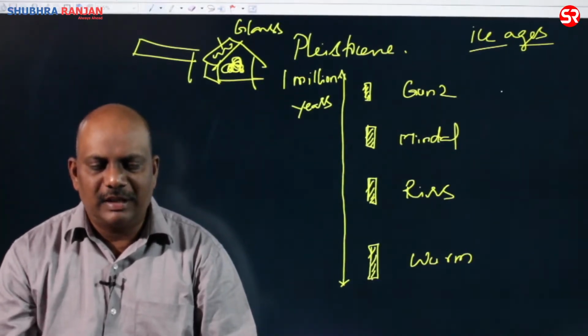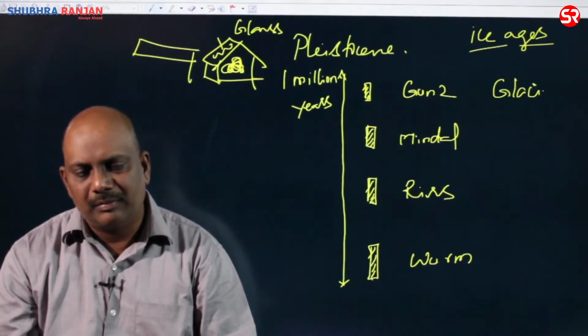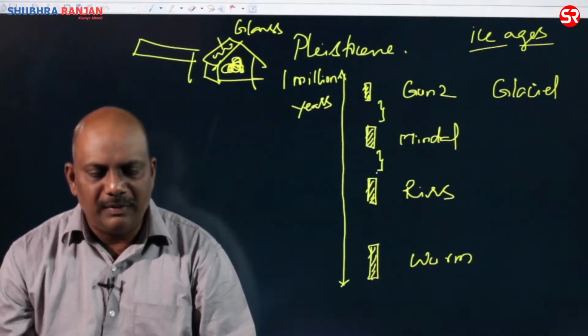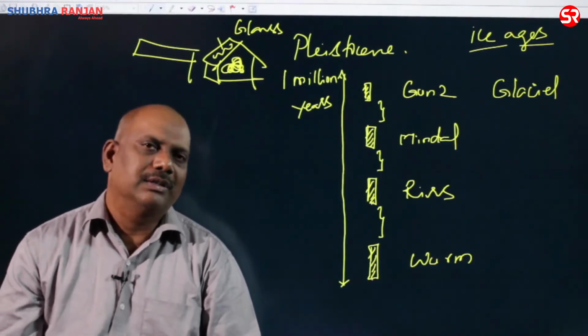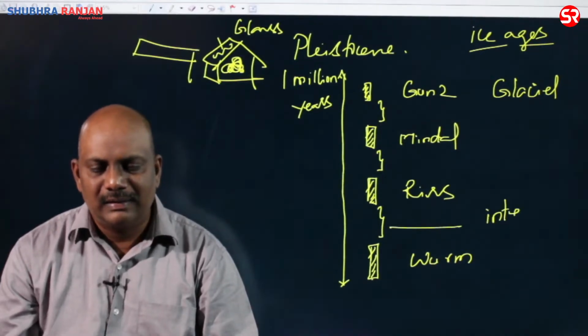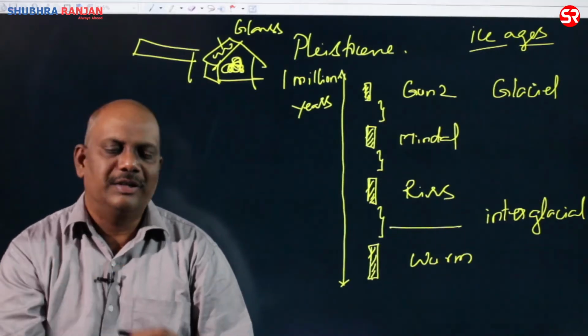These phases are called glacial, and the gap between two glacials we call interglacial.